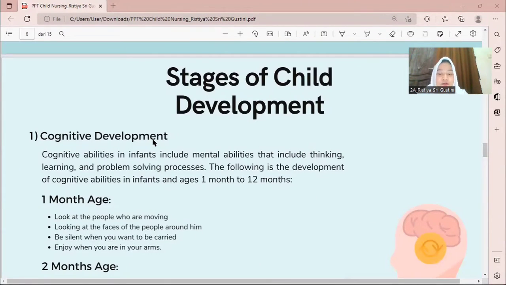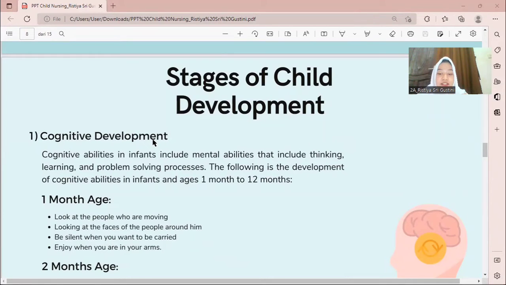Children's cognitive development refers to the stage of the little one's ability to gain meaning and knowledge from experience and information obtained. In short, it is related to the process of remembering, decision making, and problem solving.